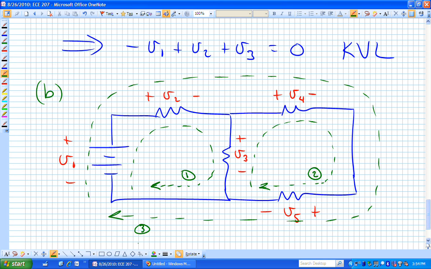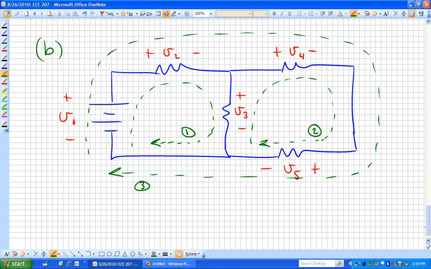There's some dependencies now among the loops. But that's okay. We're just writing KVLs for now and just trying to get comfortable with that process. But maybe I should state that we're just doing this for more practice with KVL.